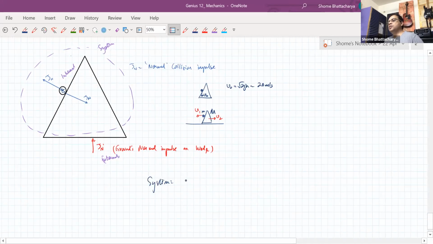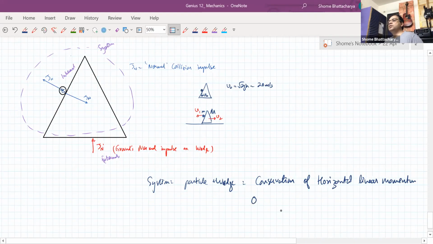So for the system, that is particle plus wedge, we will apply conservation of horizontal linear momentum. So 0 before the impact, and that is equal to capital M V2 minus small m V1. So V1 is to V2 is equal to capital M is to small m.